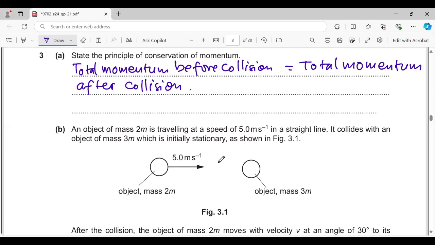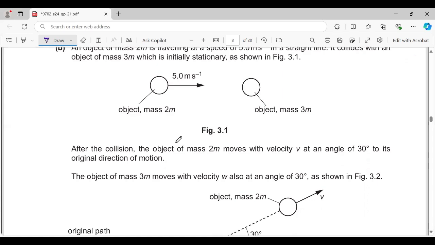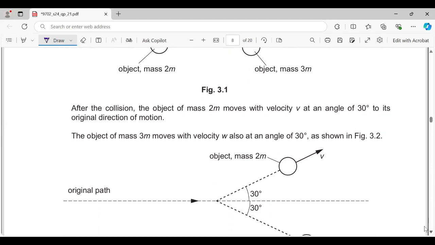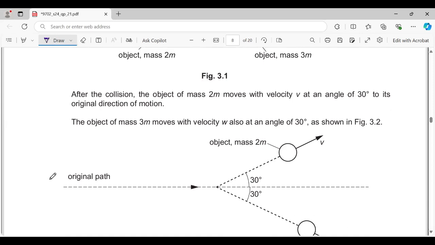After the collision, the object of mass 2m moves with velocity v at an angle of 30 degrees to its original direction of motion. So after the collision, it moves upward to the right with an angle of 30.